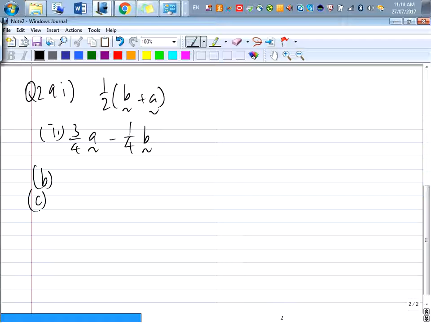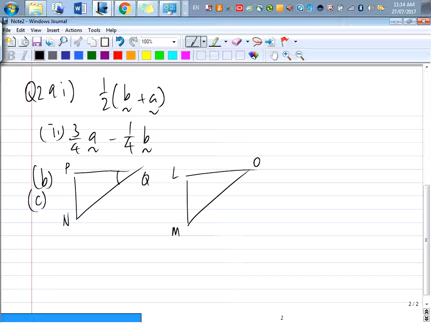And then part C, showing triangles are similar. Anybody needs help for this? Ryan, you need help, is it? Okay. P and Q, as well as L, M, O. Then, Ryan, do you agree that these two angles are the same? No, do you know the reason why? PQN as well as LOM.